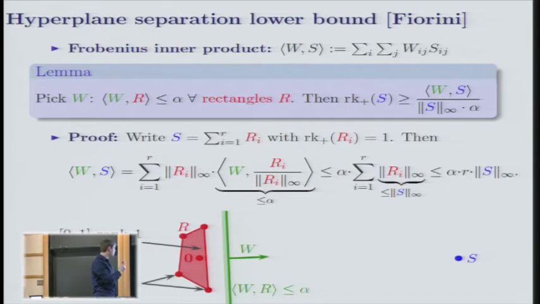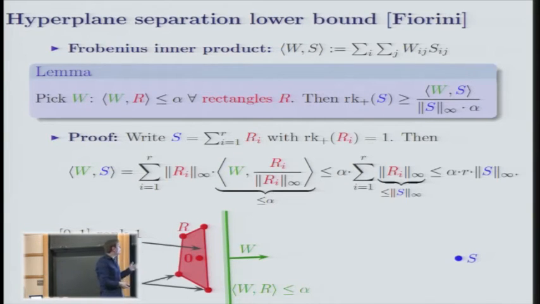But the first thing that you can observe is that if you scale your rank 1 matrix so that the entries are between 0 and 1, then the convex hull of those matrices is precisely the convex hull of the rectangles. Or in other words, whatever rank 1 matrix you give me, let's say the entries are between 0 and 1, I can write it as a convex combination of rectangles.